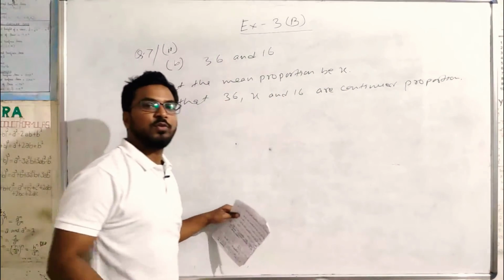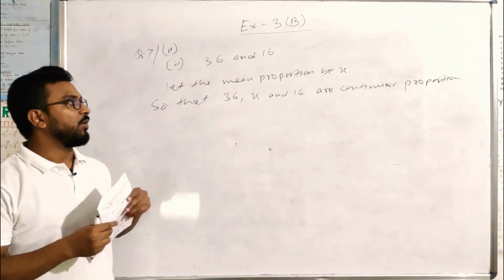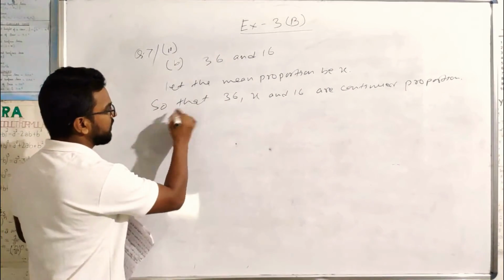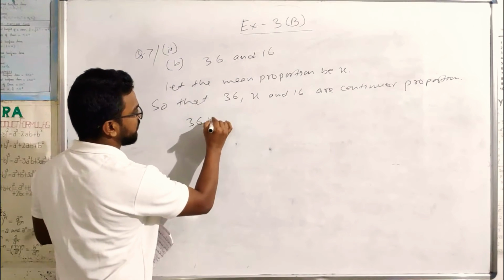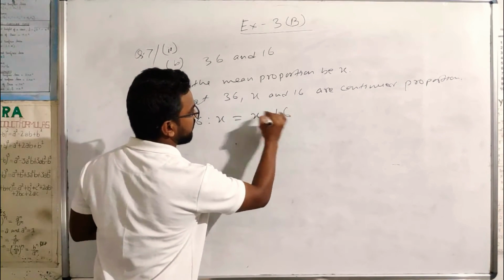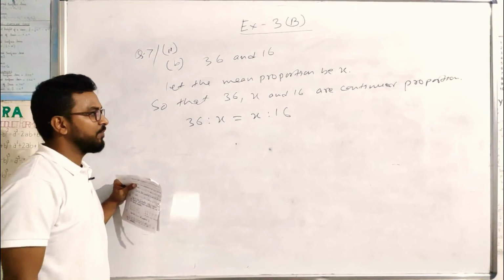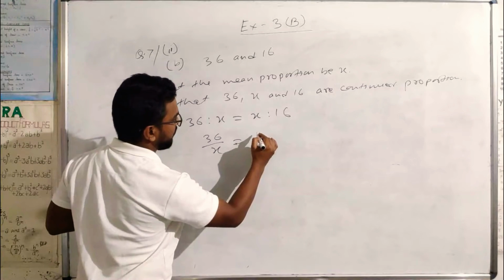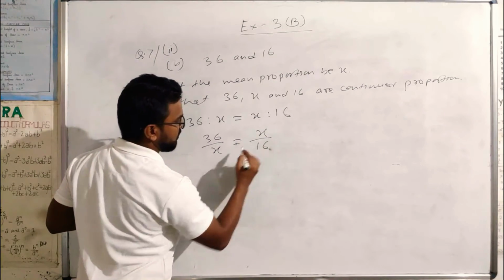When there are 3 terms, we call it continued proportion, and the middle term will repeat 2 times, right? So this can be written as 36 is to x is proportion to x is to 16. Right? So this can be 36 ratio x proportion to x ratio 16.